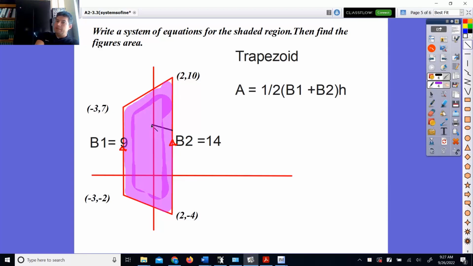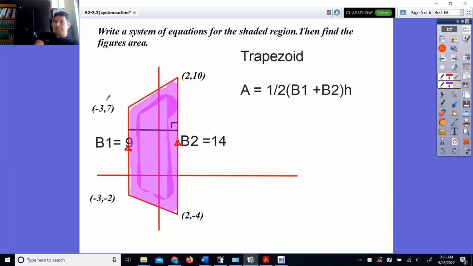You draw something in that will form a right angle with both bases. That's how you find height, kids. This particular thing travels from -3 to 2. I don't know what the y value is on what I drew in, but I know the x values. So how tall is it? 5. Your height is 5.